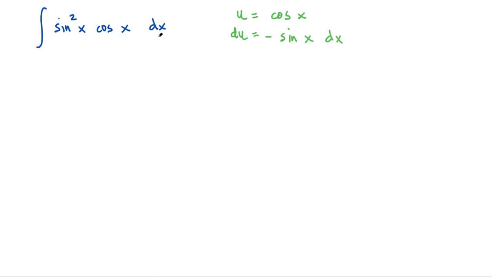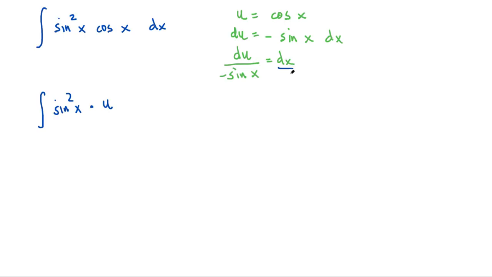And trying to find our same algebraic method, if we solve this for dx, we can get that dx is equal to du over negative sine of x. So that's our du. Let's substitute that in and see what happens. So if I do that, I end up getting sine squared x times cosine of x, which is now u, and dx, oops, made a little mistake there, so this should really be dx here.